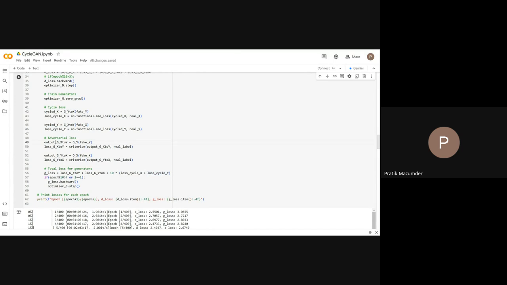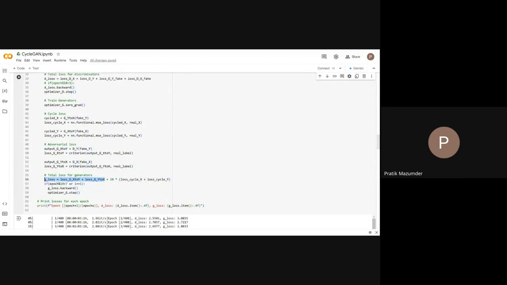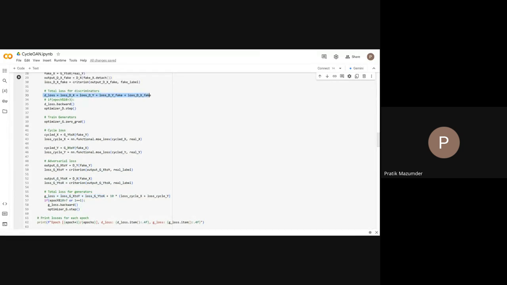The generator loss is where we try to fool the discriminator. For the fake y images, you will try to optimize the generator from x to y so that the image is so good that the discriminator for y is fooled. Similarly, over here, you're trying to fool the discriminator for x. So at least up to this portion, your G loss or generator loss is the standard G loss, and this is your standard discriminator loss.